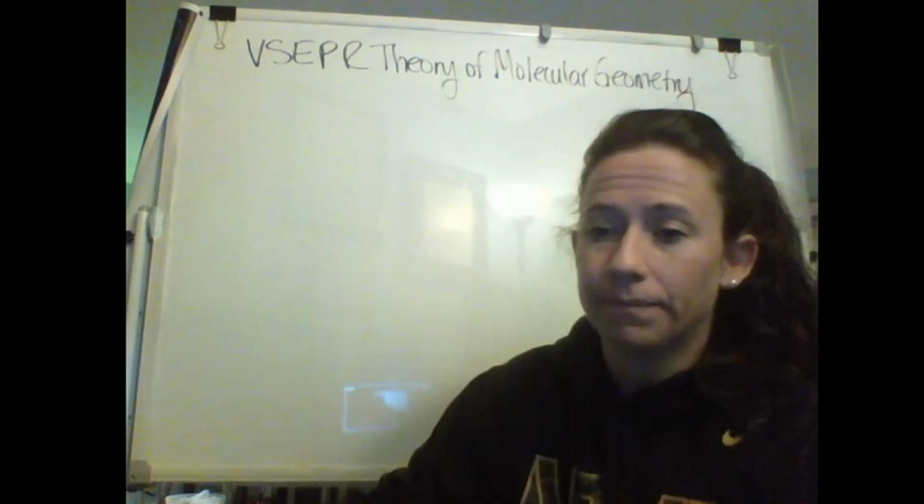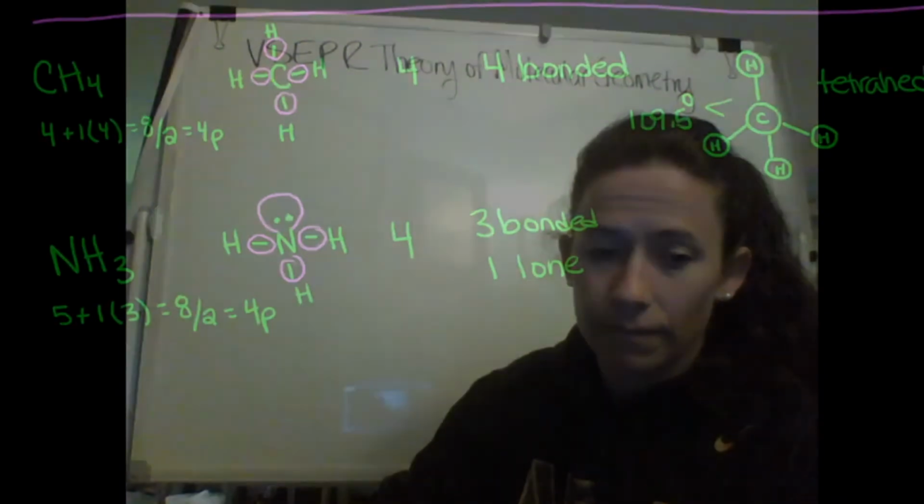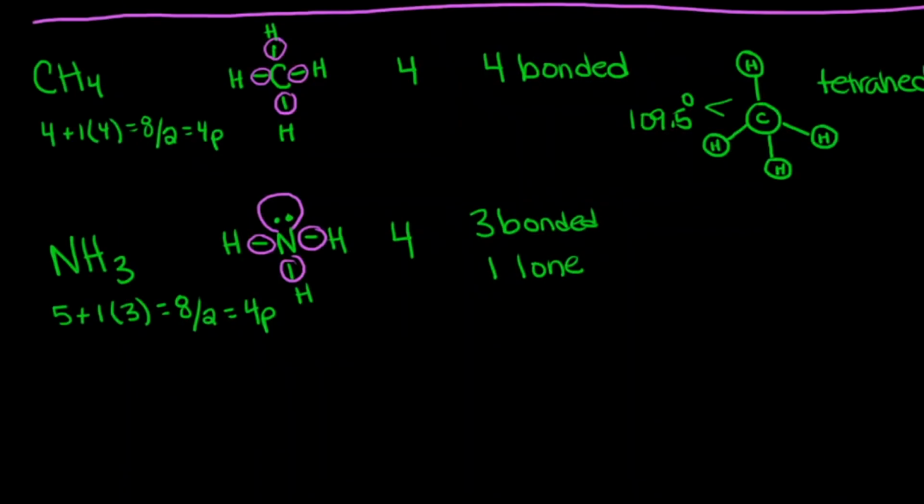Let's draw it. Okay. So I'm going to draw my central nitrogen. I'm going to smush my hydrogens down here a little bit into a little tighter pyramid than they were before.